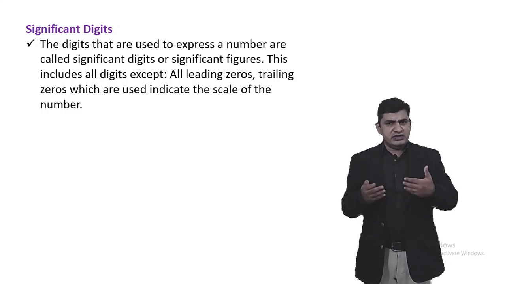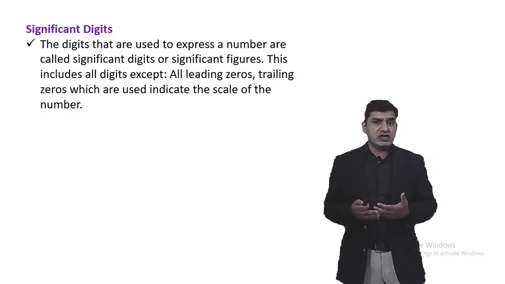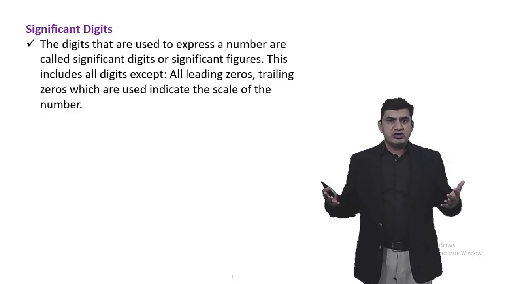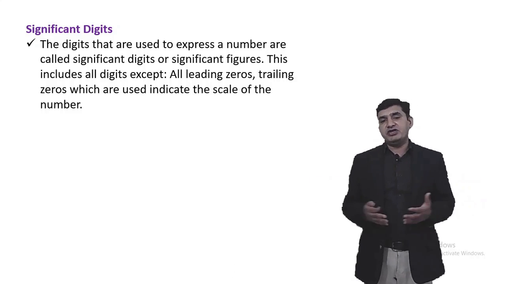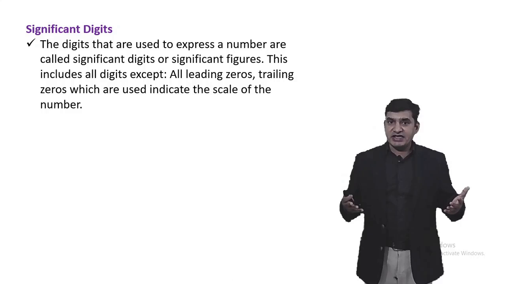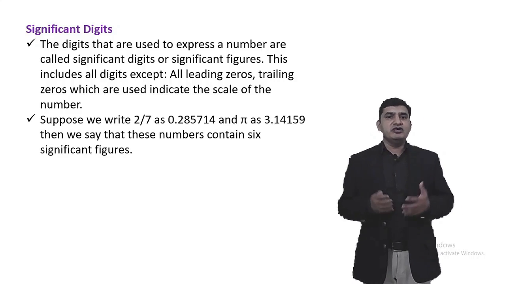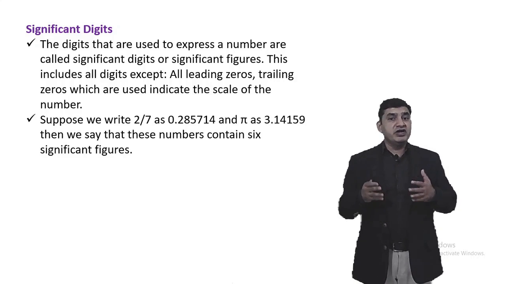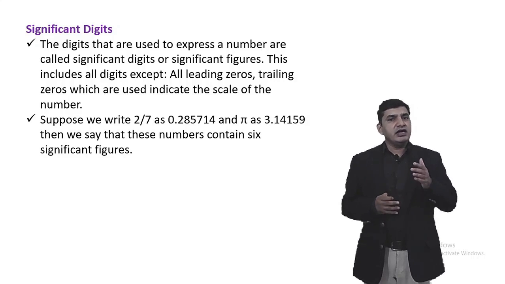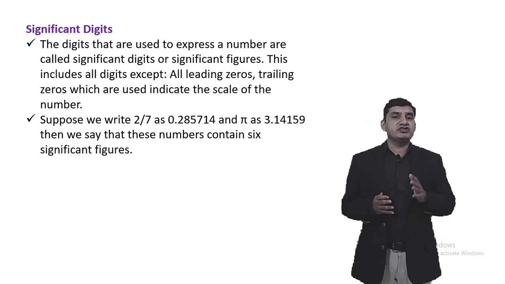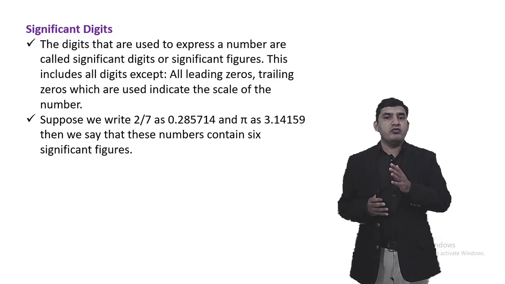In a significant figure, we have to consider all leading zeros, then trailing zeros, which are used to indicate the scale of the number or which represent the certainty in measurement. Now, suppose we write 2 upon 7 and it is 0.285714 and the value of pi is 3.14159.